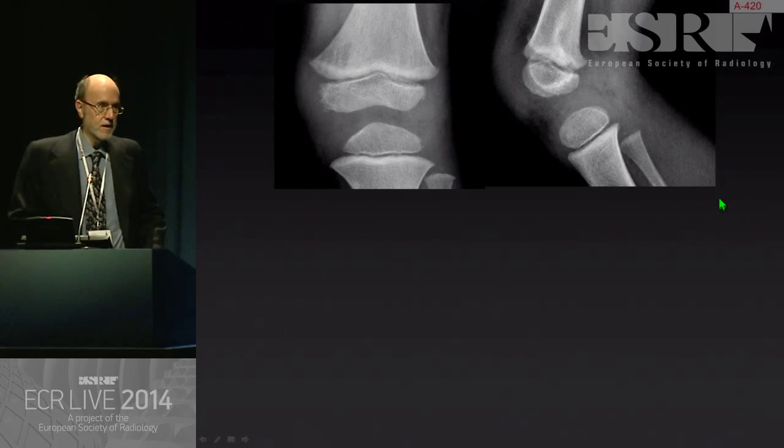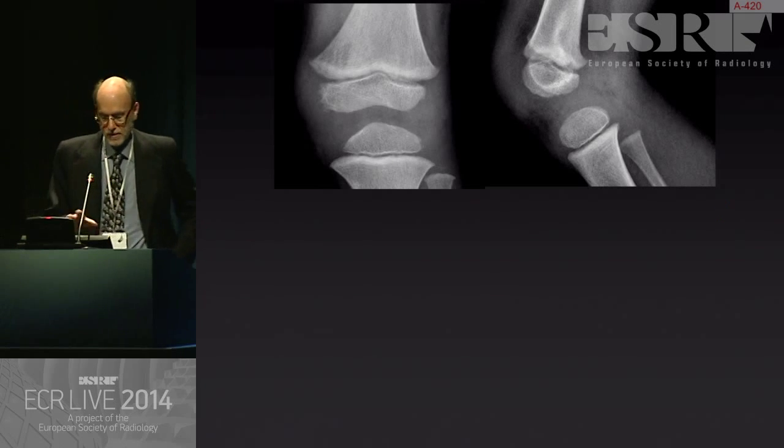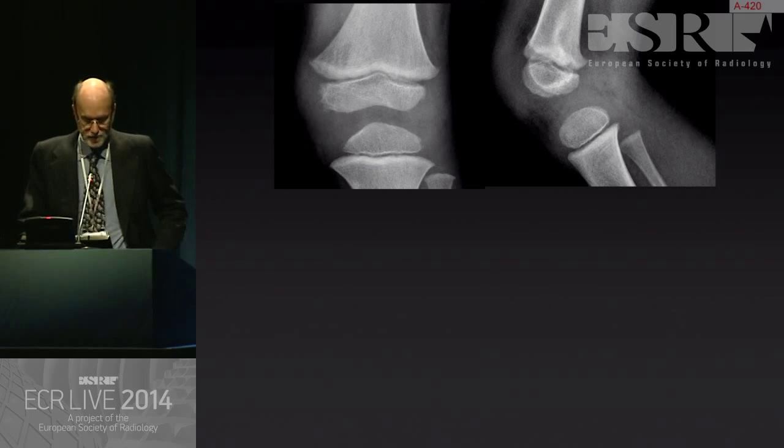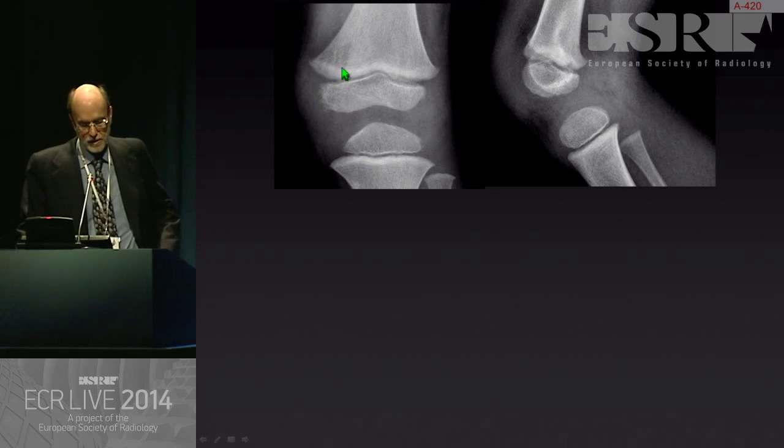Well, this is one of the commonest normal variants around the knee. There is an ill-defined lytic area in the posterior medial aspect of the metaphysis of the femur. This is always in this location at the site of attachment of the medial gastrocnemius.